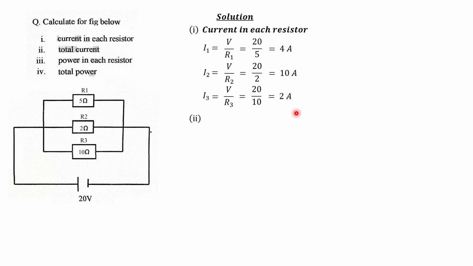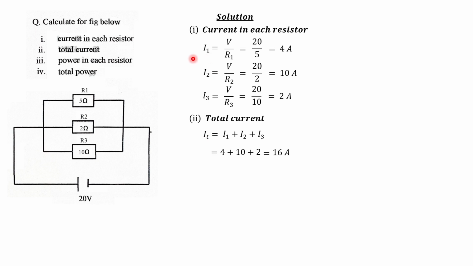All right, so let's move on to II, which is the total current. The total current IT is equal to I1 plus I2 plus I3, and that is 4 plus 10 plus 2, which is going to give us 16 amps. So the total current is equal to 16 amps. I hope you understand.